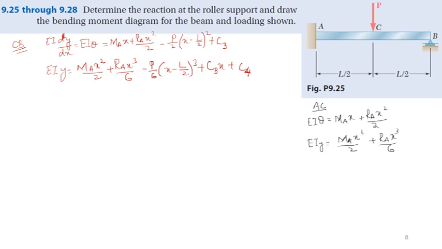Now what boundary conditions do we have? At x equals L by 2, the deflection at C for curve AC will be equal to the deflection at C for curve CB. That means if I put x equals L by 2 in this equation, the deflection I get must be equal to the deflection from the other equation. The second boundary condition is that at x equals L, the deflection is 0, since it's a pin support.